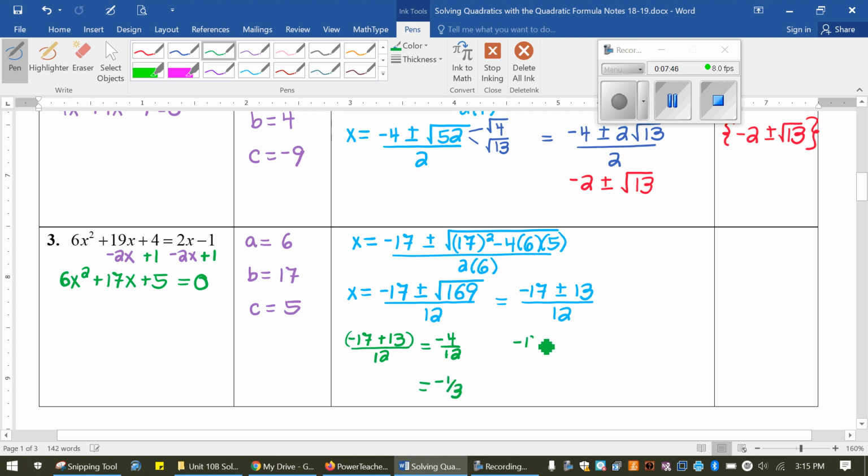And then negative 17 minus 13 over 12 is negative 30 over 12, which will reduce to negative 5 over 2. So our solutions here are negative 5/2 and negative 1/3.